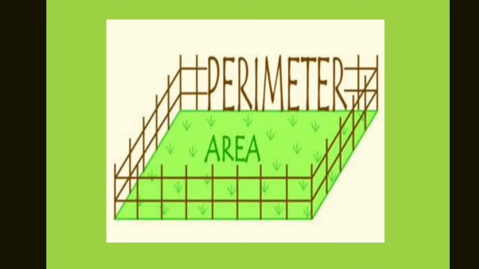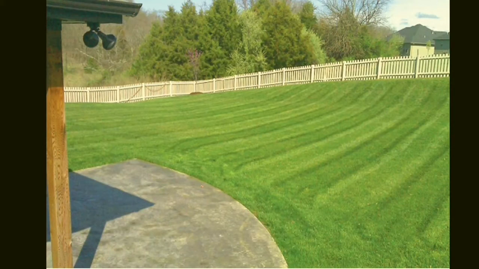So this figure gives you a good idea about what is perimeter and what is area. Suppose I am owning a piece of land and I decide to make it a garden. That garden portion is called an area. So after I go with my beautiful garden, I need to fence my garden to protect it from any animals, right? So that fence around my area is called the perimeter.